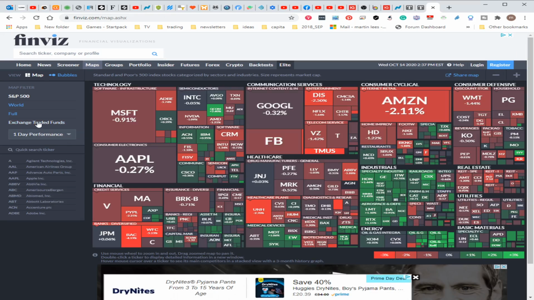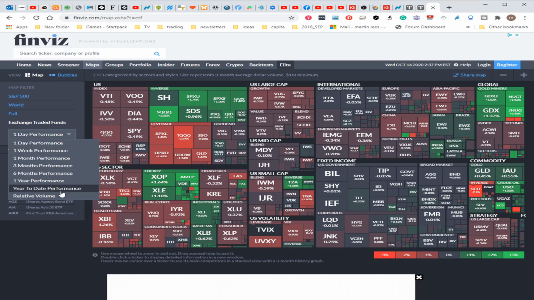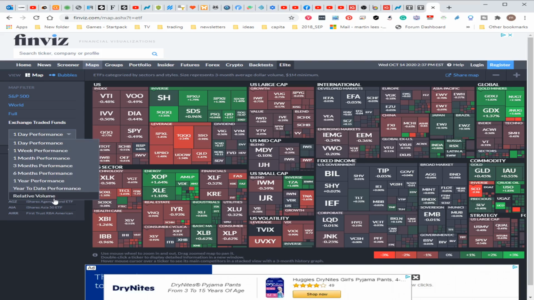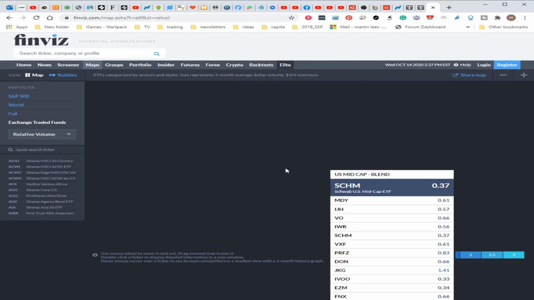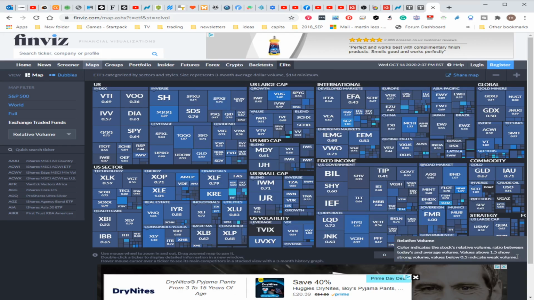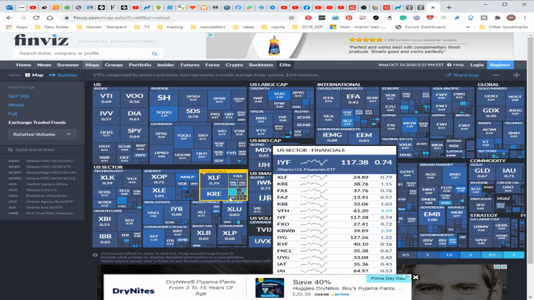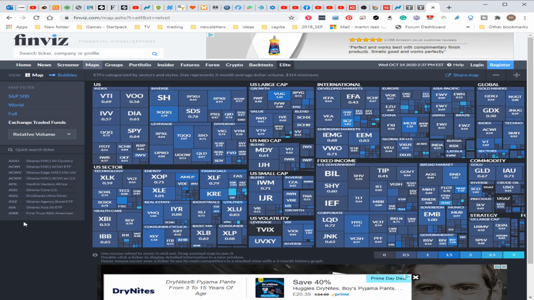Oh, there we go. So this doesn't have that, but if we try relative volume, it will give you an idea of where your volume is coming from, so that you can really target particular companies.